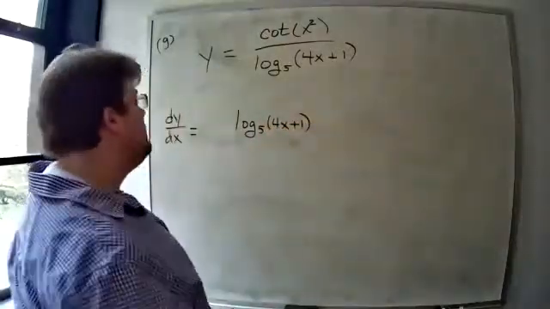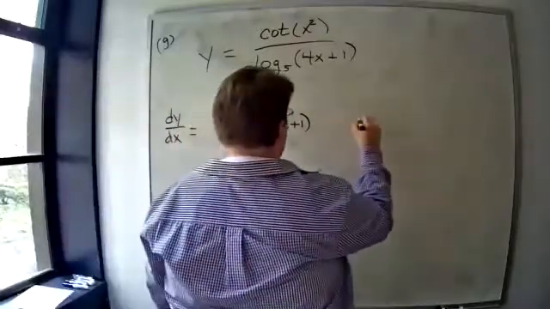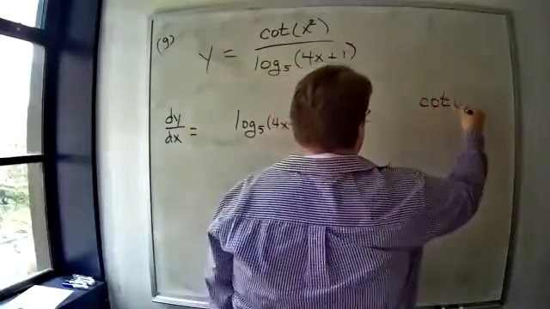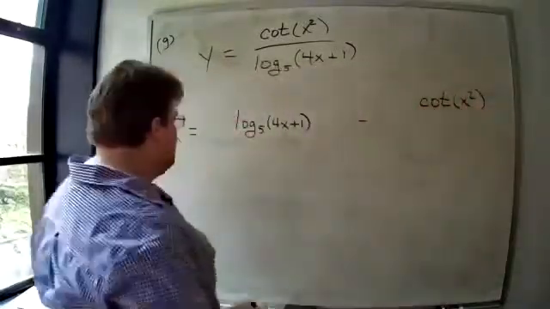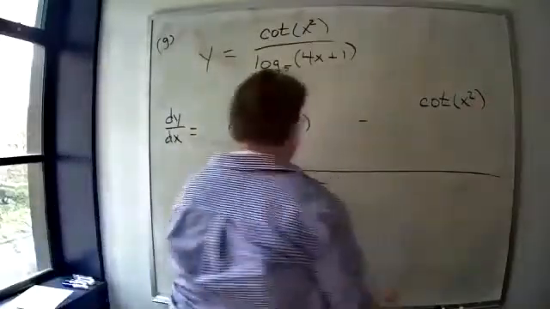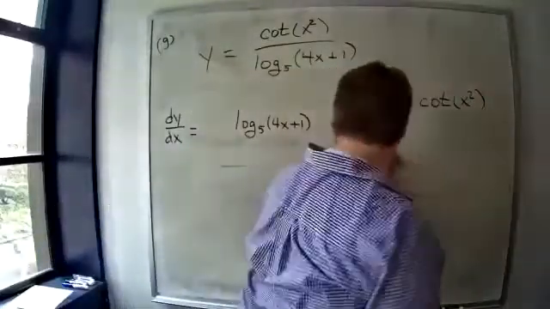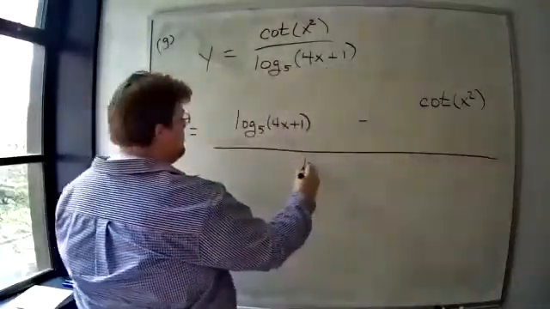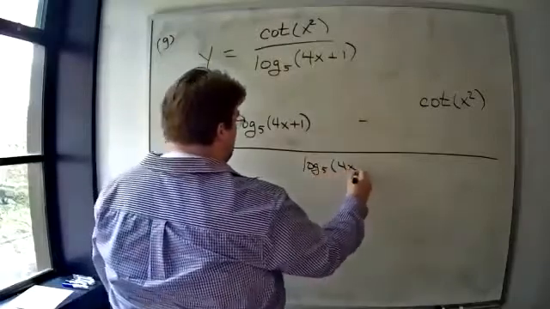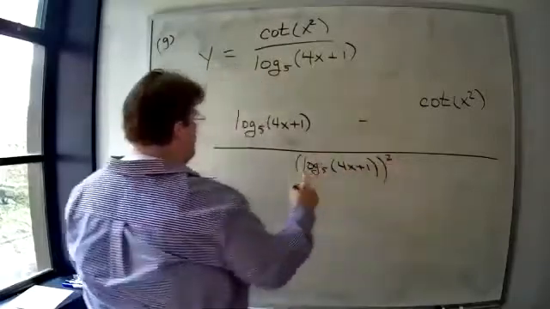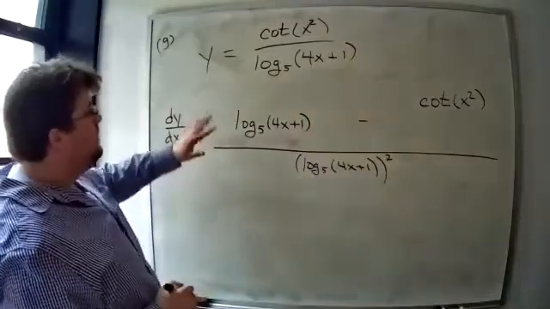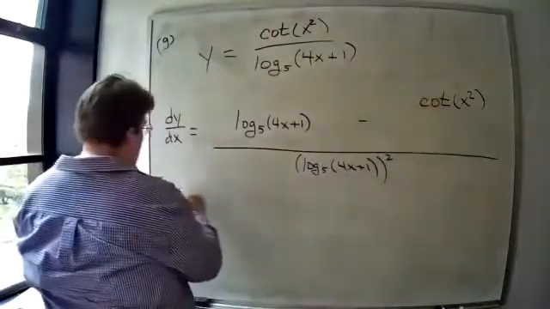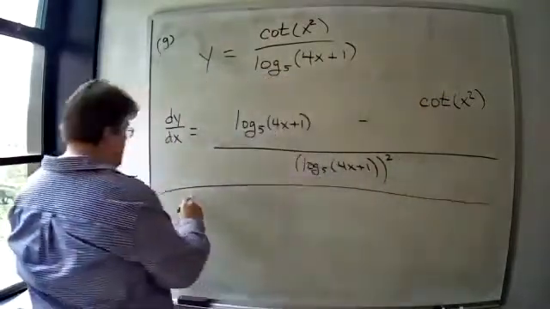So I'm going to leave a gap to put the derivative of the top, minus the top times the derivative of the bottom. I should probably leave a little more space for myself. And this is all divided by bottom squared. So we need to figure out the derivative of the top and put it here, derivative of the bottom and put it here. So let's do that on the side.